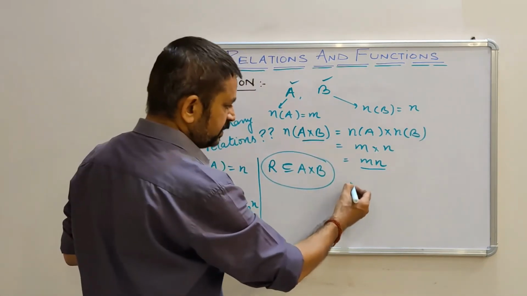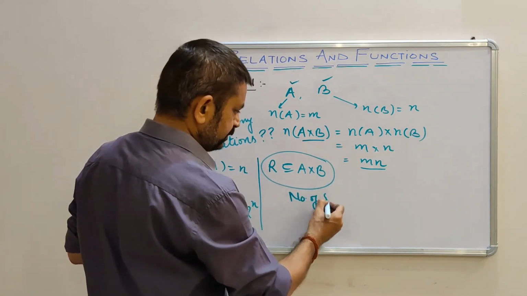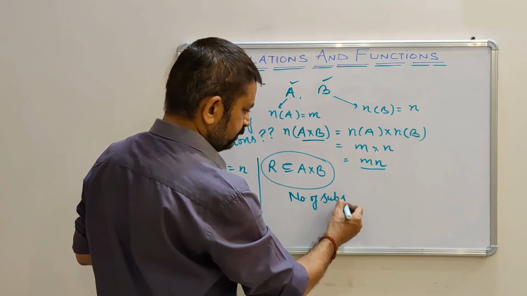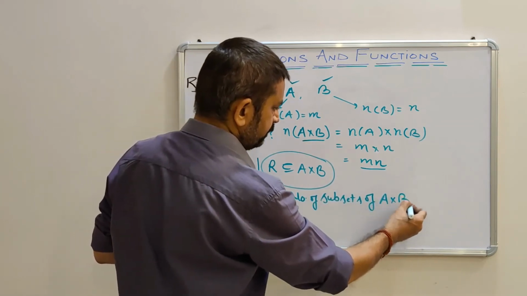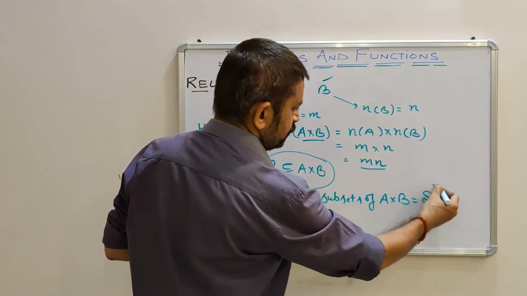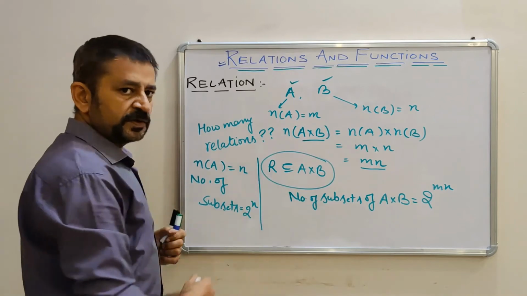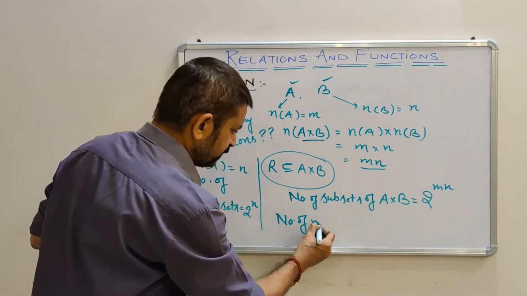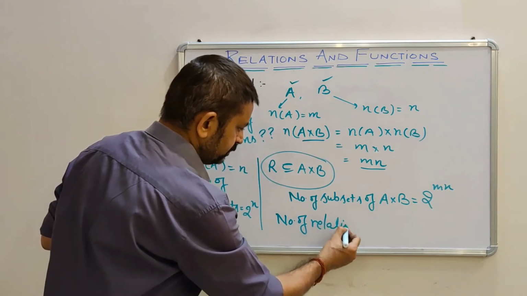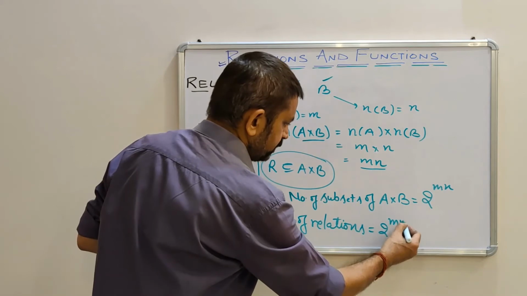So it means the number of subsets of A cross B is 2 raised to mn. And R is a subset of A cross B. It means the number of relations is also 2 raised to mn.